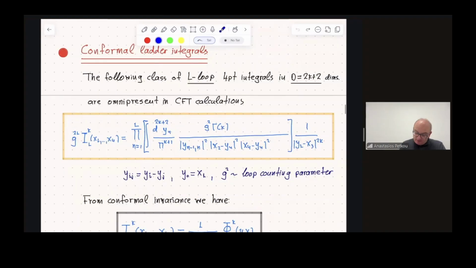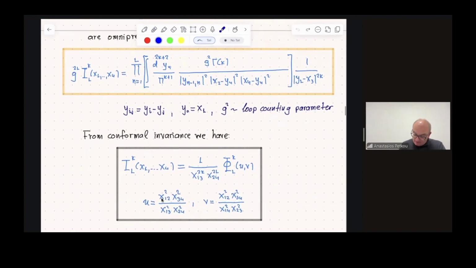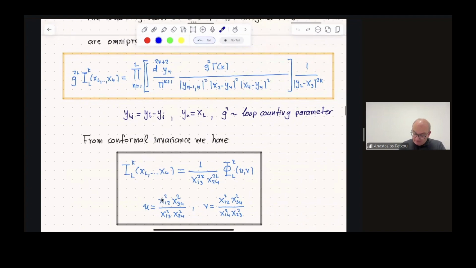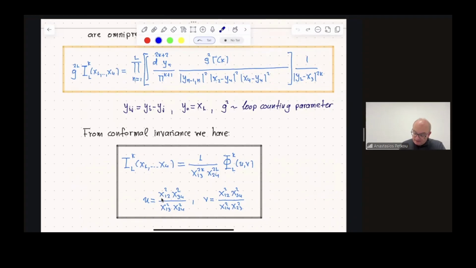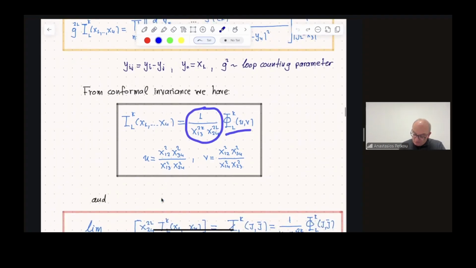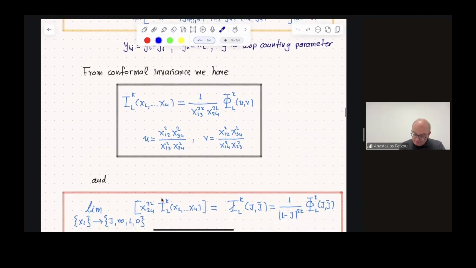These are integrals of the form that I show here. They are conformal. I think I also have a graph just below to show you what these integrals are. They are conformal in the sense that each of these integrals can be written in this form. You can take out this factor, and the rest is a function of the two conformal ratios.